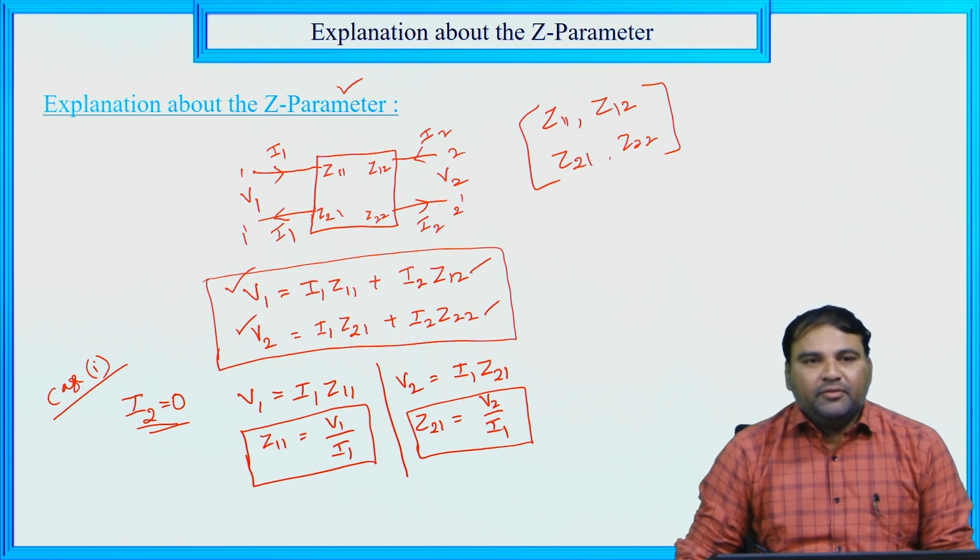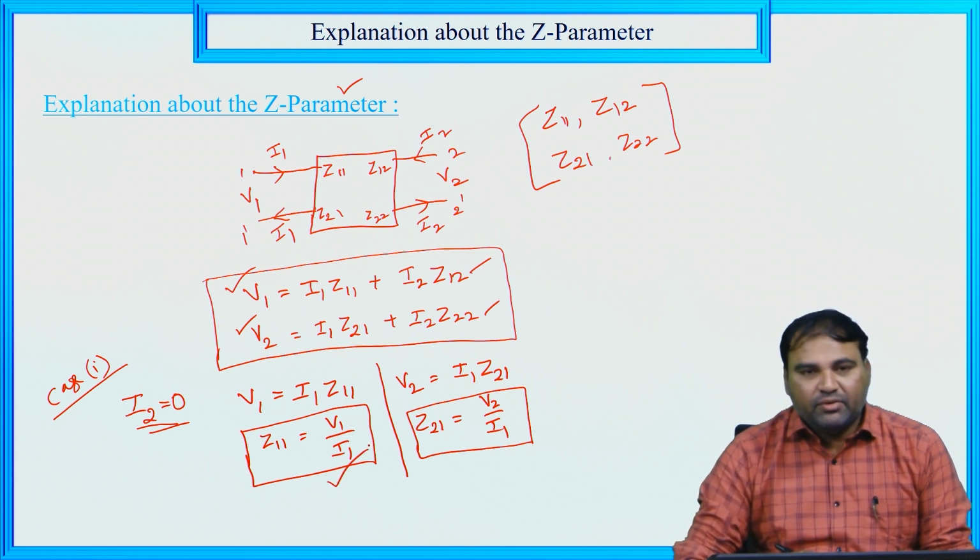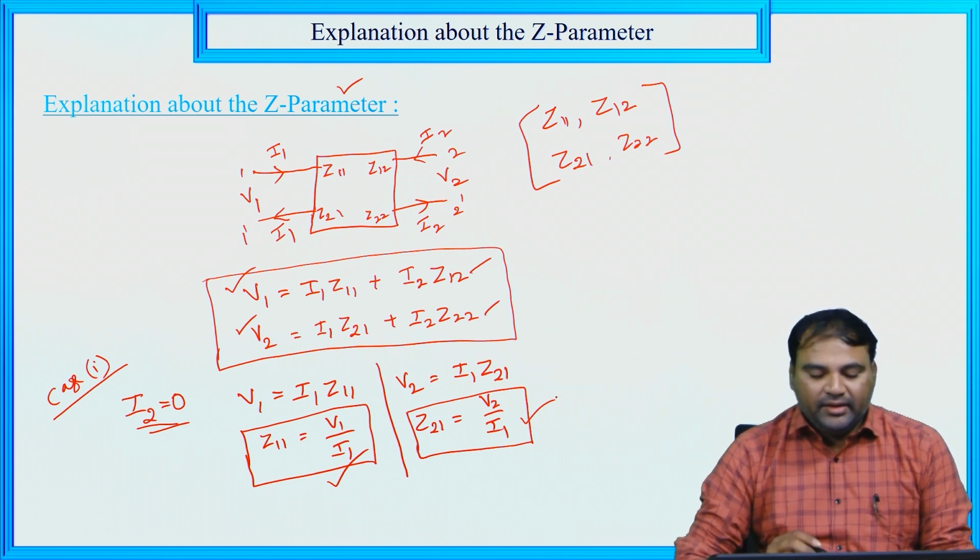So here, when the secondary current is open circuit, the impedance parameters Z11 equal to V1 by I1 and Z21 is equal to V2 divided by I1. Case 1.